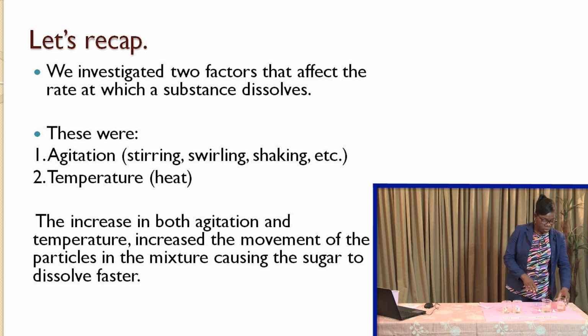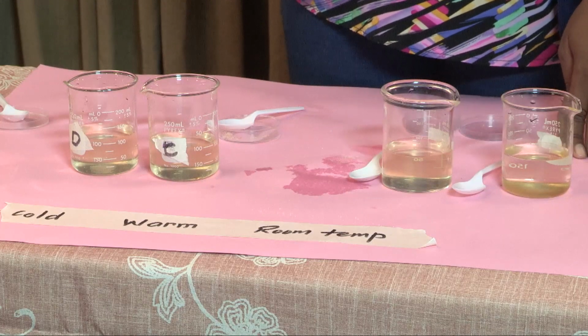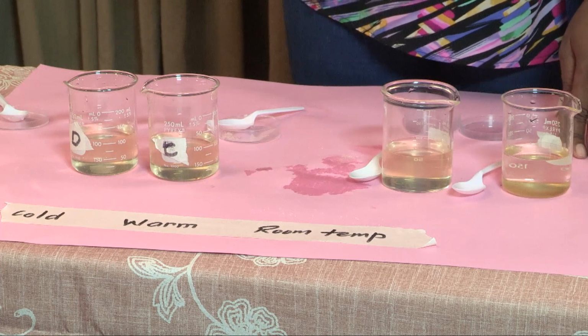While in the case of beaker A, where there was no agitation, only the liquid molecules above or around the solute at the bottom there, in fact the sugar at the bottom there, would allow dissolving to take place. And so it will happen very slowly, right?